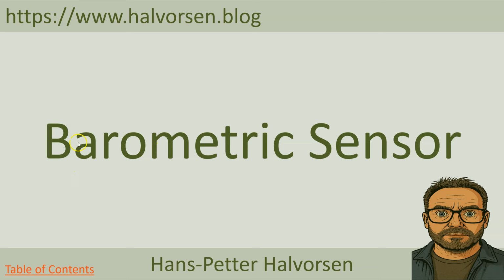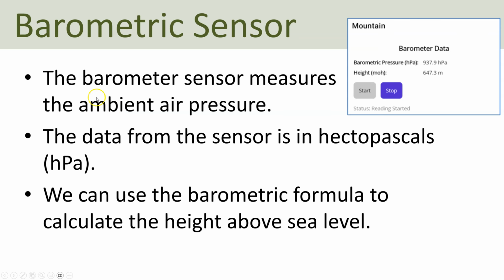So next, let's see how we can use this barometric sensor in your smartphone. The barometric sensor measures the ambient air pressure. The data from the sensor is in hectopascals, shortened hPa.